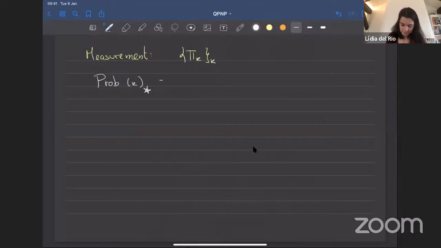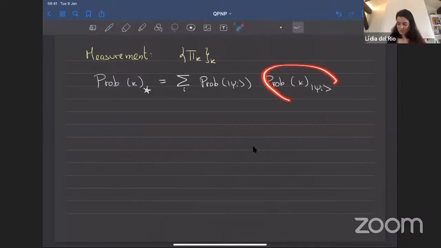Well, it's the probability that the machine gave me state psi i, and then for each of the states, the probability of getting k according to quantum mechanics. So this is the quantum mechanics part, and this is my probabilistic knowledge modeling part.